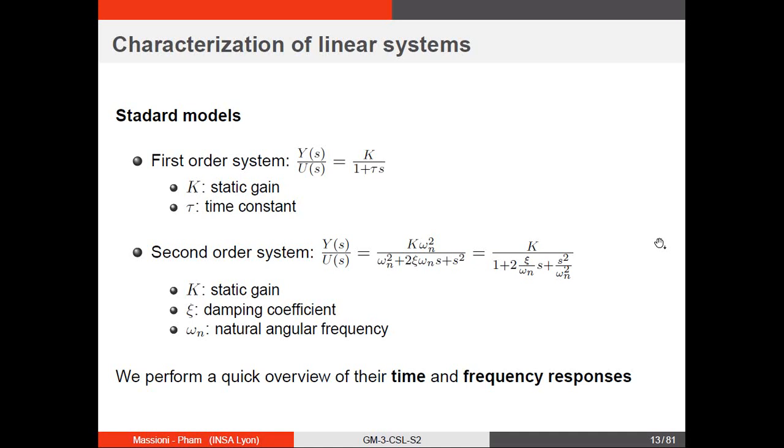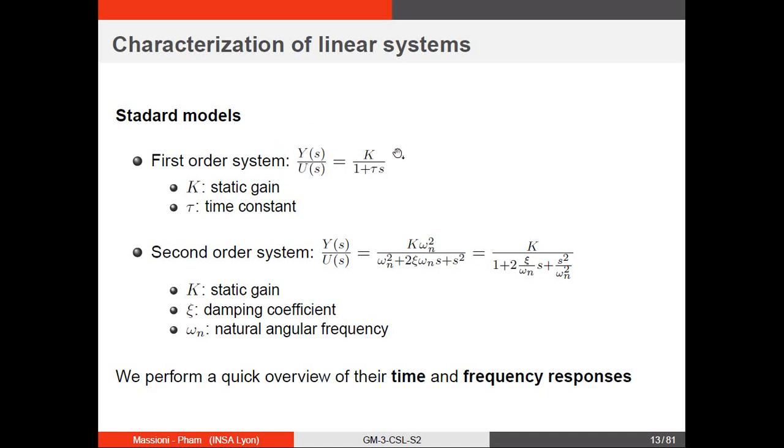So, first order system. In general, if you have a first order differential equation, drawing the transfer function will lead you to this form. You might have an s at the numerator, but the most common situation is this one.